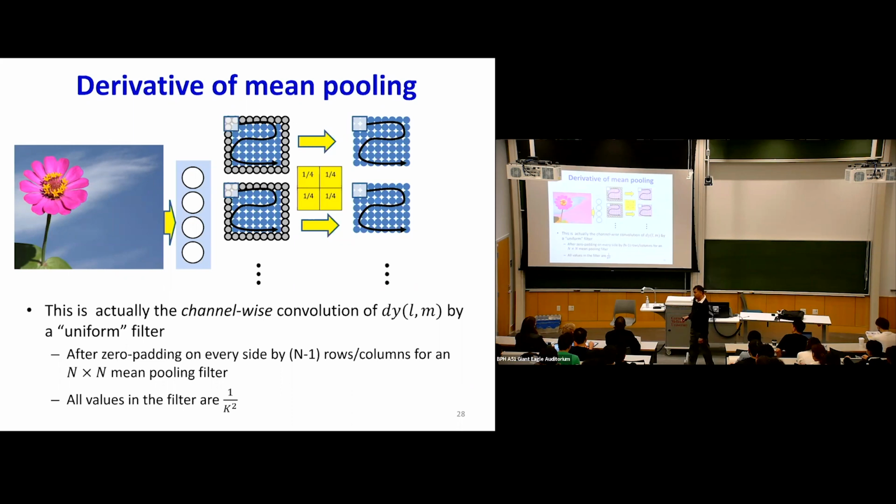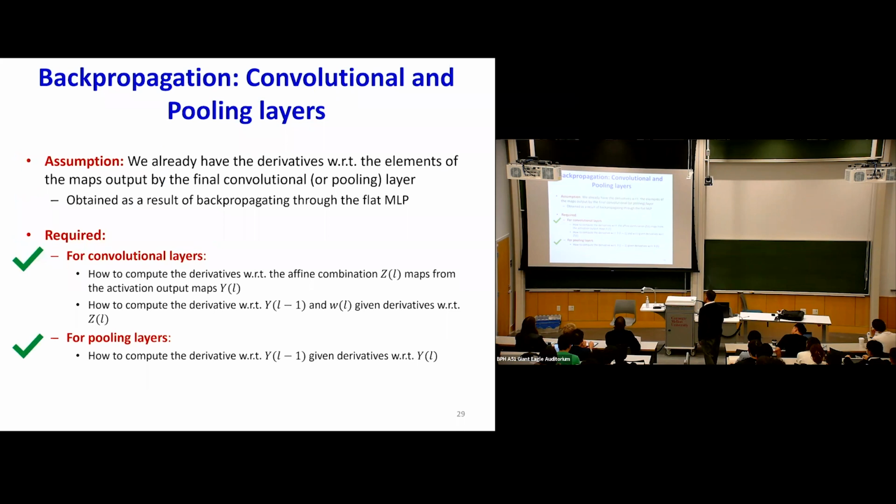When you're performing pooling, in order to compute a specific map, you would just be performing the convolution with a uniform filter, a filter of uniform values over one channel, to get the mean pooled output for the same channel. So mean pooling is basically an instance of convolution. You can actually use the same convolution code, a simplified version of it, to compute derivatives. Skip what's on the slide. But anyway, we've gone through all of these terms.